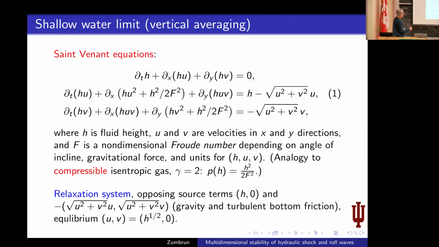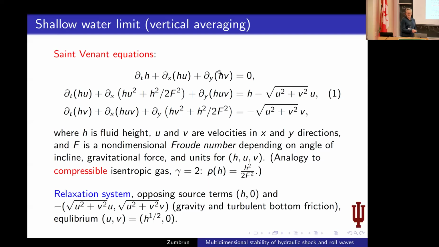So our equilibrium system would be with U, V equals H to the 1/2 and 0. We would plug those into the first equation, and we get the same one-dimensional d/dx of H to the 3/2, but this other term would just vanish. This would be 0.